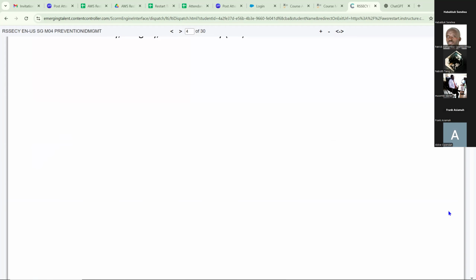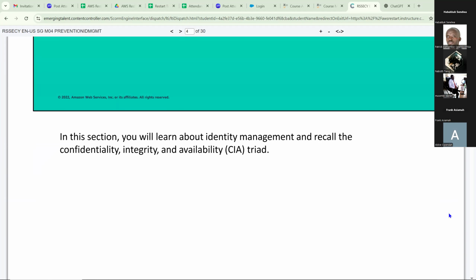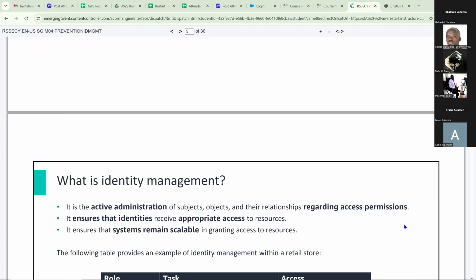So today we want to talk about identity management. And remember, we have been taught by Joy. Joy taught us about the CIA triad: confidentiality, integrity, and availability. So we are going to continue with what we have been building on since we started doing security. And now we are going to define what identity management is.